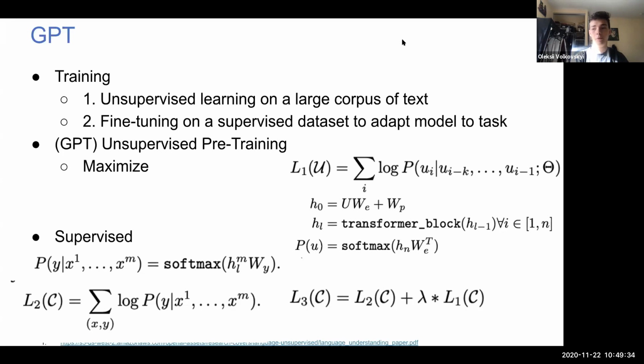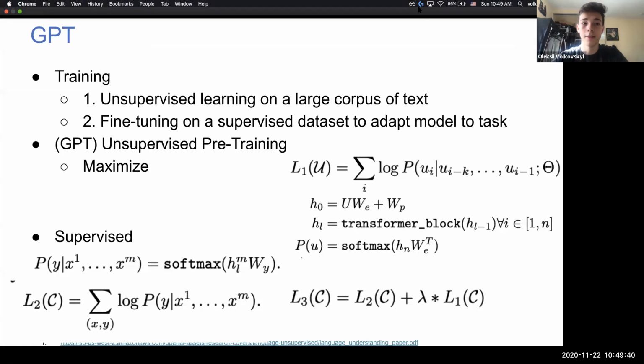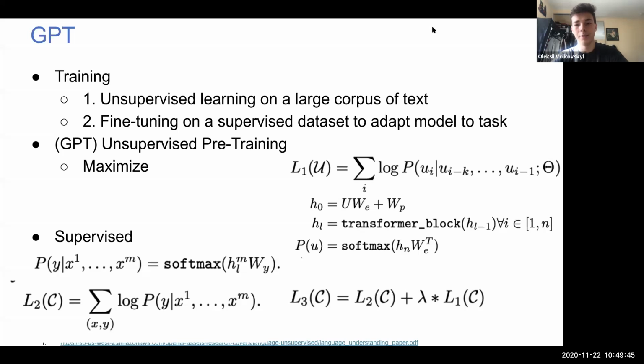The way they fit to the specific task uses much less computation than any other paper, and they still were able to beat the papers that train specifically on that task. So it proves language is pretty general, and if you're good at question answering, you might be good at writing stories.